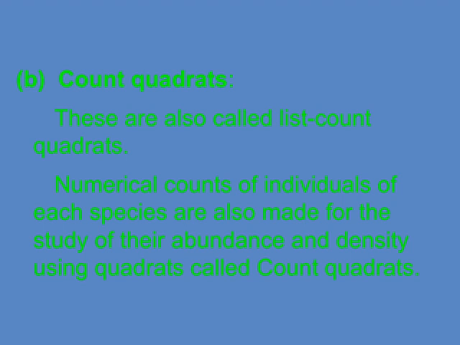By doing this, we can get a clearer picture of the population sizes and the relative abundance of different species in the ecosystem. So, essentially, count quadrats help us quantify and analyze the abundance and density of species, which is crucial for understanding ecological dynamics and making informed conservation decisions.